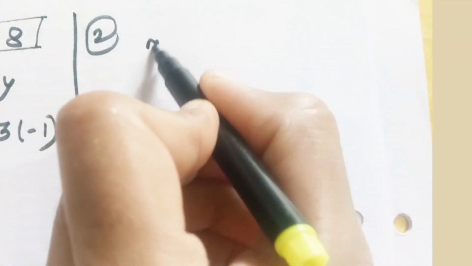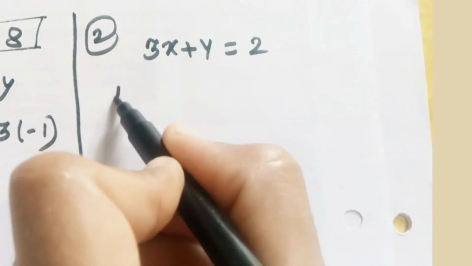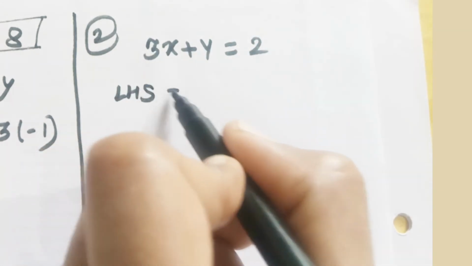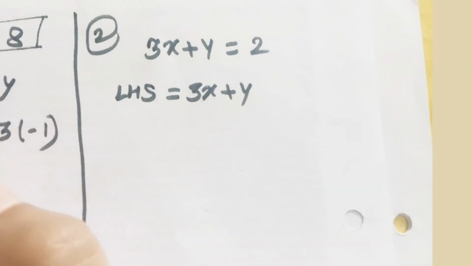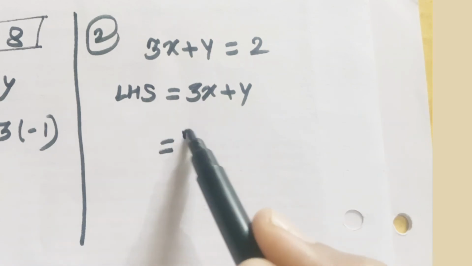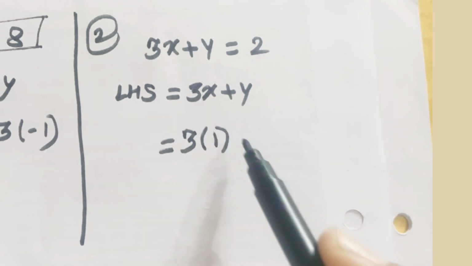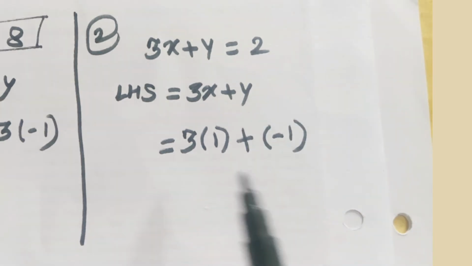Take equation number 2. Equation 2 is 3x plus y equals 2. Again take the left hand side, 3x plus y, and put in the values of x and y: 3 into 1 plus minus 1.